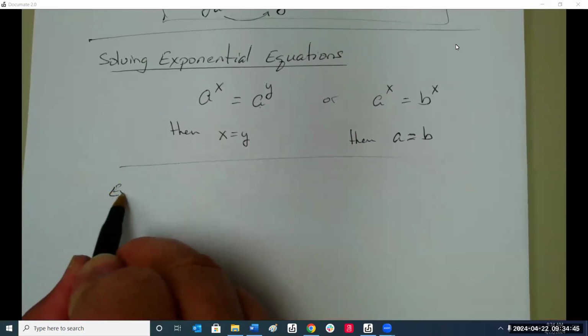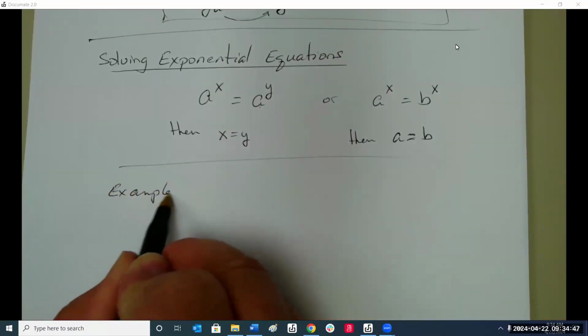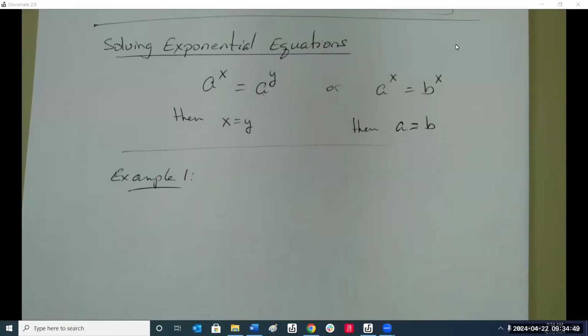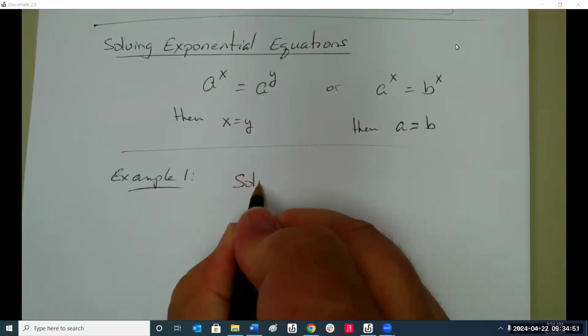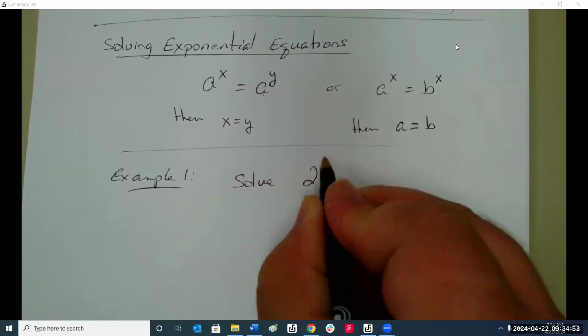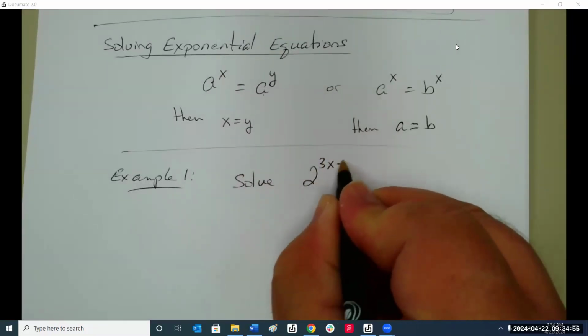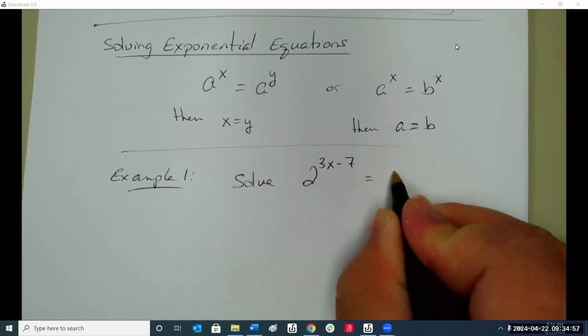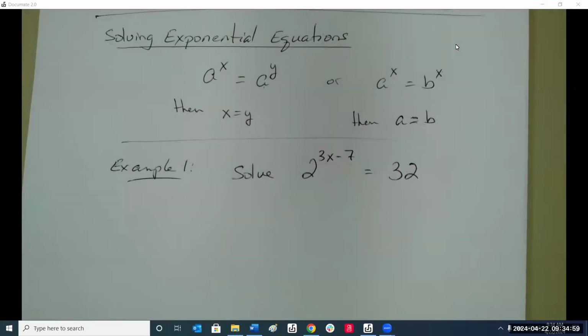Example 1. Solve 2 to the 3x minus 7 equals 32.